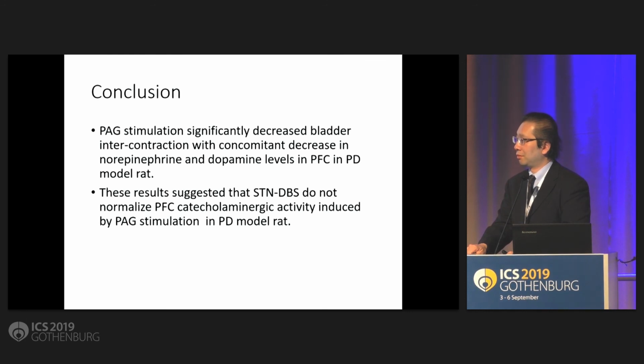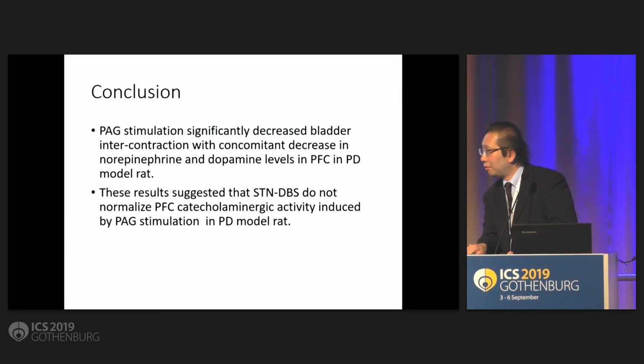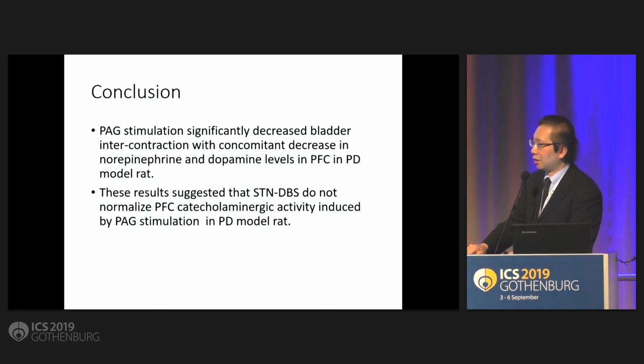Do you agree that your observations add to our understanding of how deep brain stimulation works? Yes. Well, then we have gained something at least.